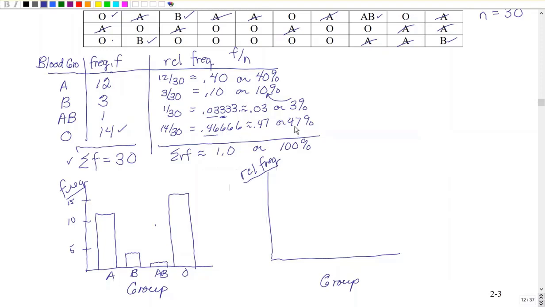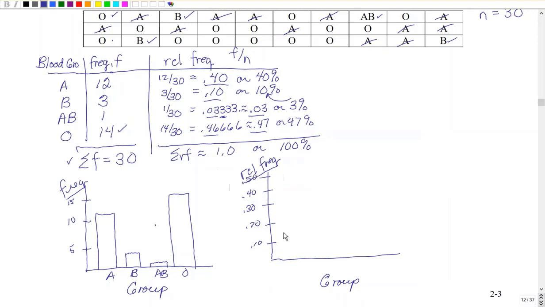It's typically what you'll also see in software. So when you look over here and you say, all right, I've got 0.4, 0.10, 0.03, 0.47, so the highest one is 0.47. So let's say we go a little higher than that at 0.5. So now see what I'm doing here is I'm just changing this axis to be proportions instead of frequencies.